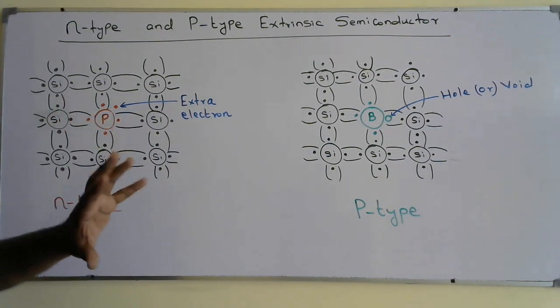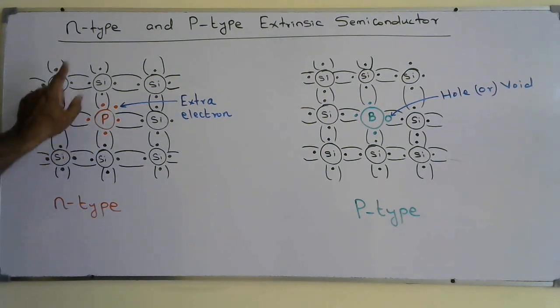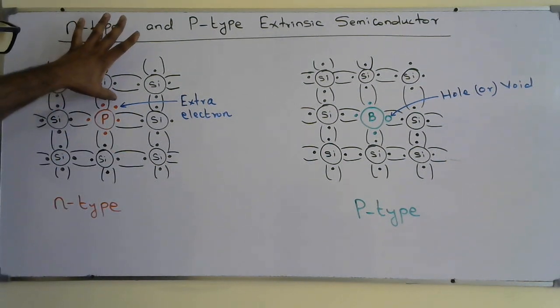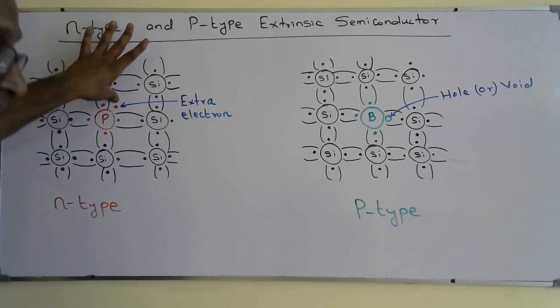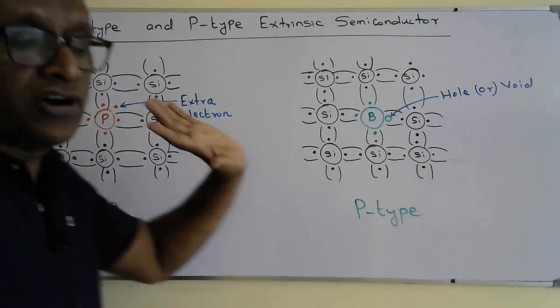So the phosphorus has five valence electrons. Out of those 5 valence electrons, 4 form covalent bonds with the neighboring silicon atoms, and there is an extra valence electron provided by the phosphorus.